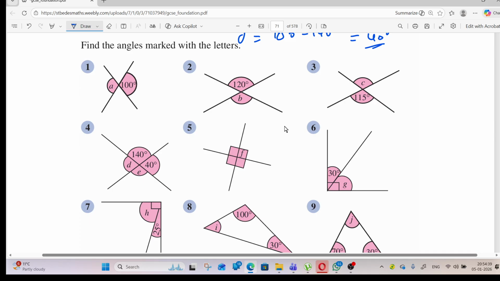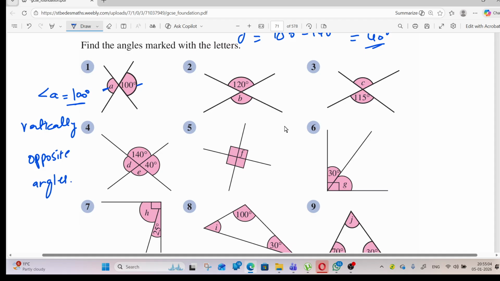Now find the angles marked with the letters. Can you tell me how much is angle A? I want quick answers. 100. Very good. Reason why angle A is 100? Opposite. Yes, because A and 100 are vertically opposite angles.